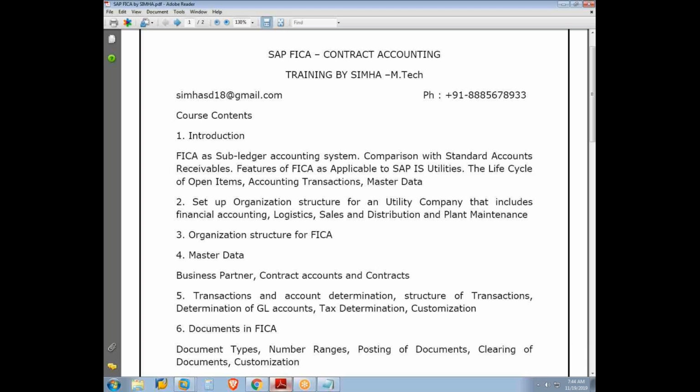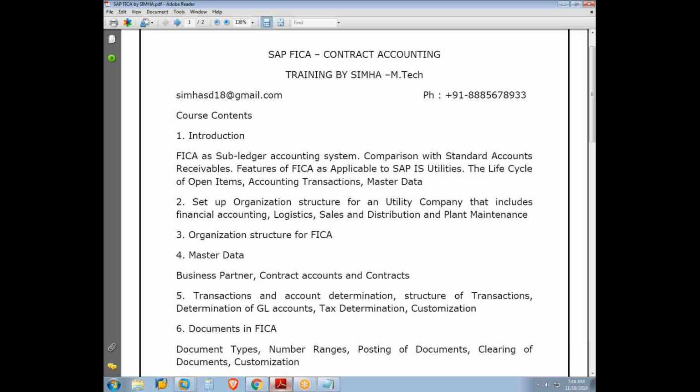Basically, whatever business partner we are creating, we will also make the system create the business partner acting as a customer. So the customer number and the business partner number will be the same, and we are going to use that customer in the SD process, where we have a delivery-related invoice or a service-related invoice.